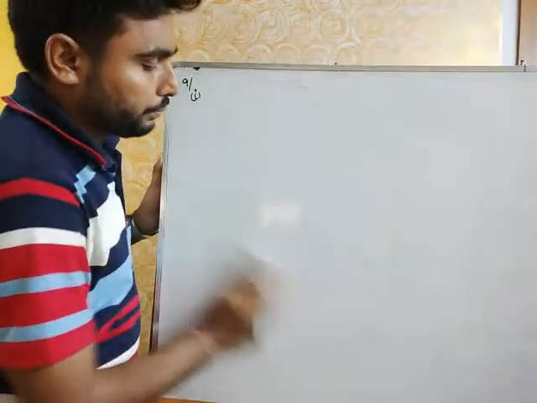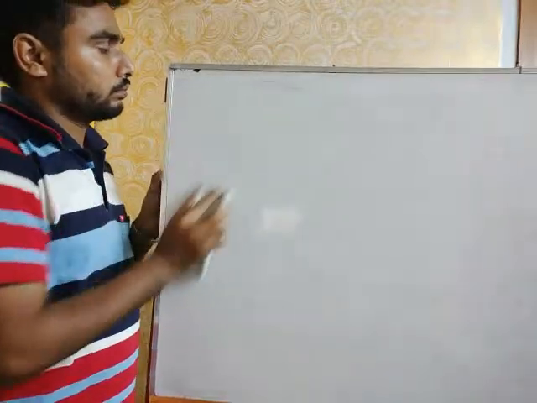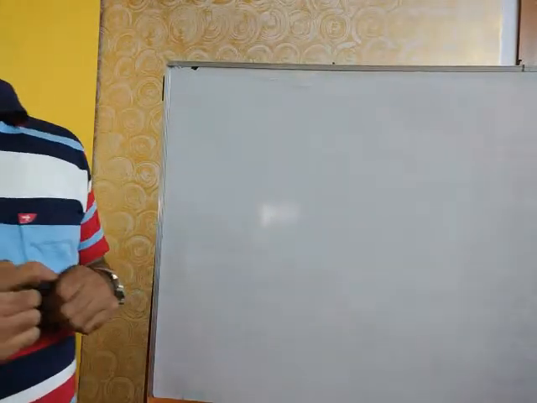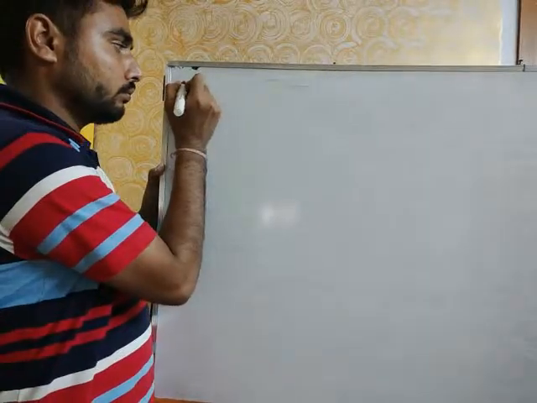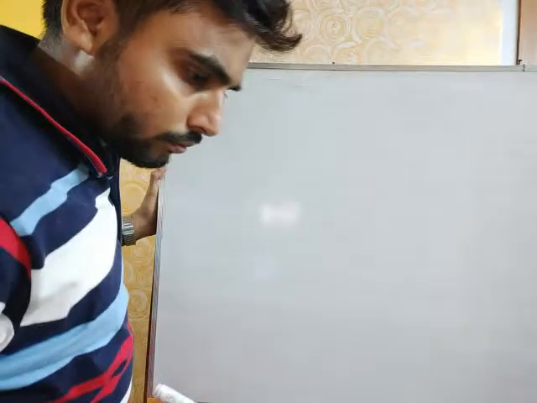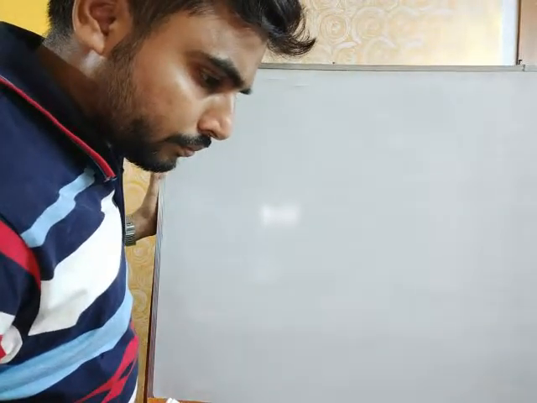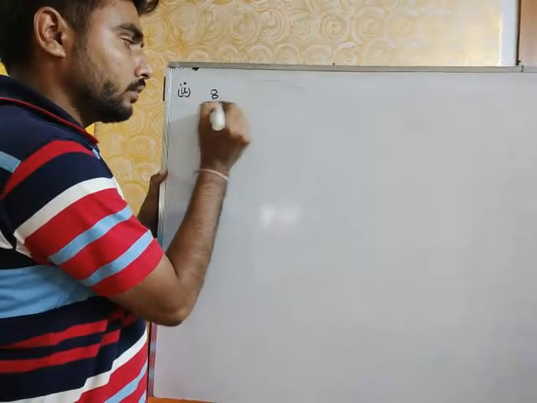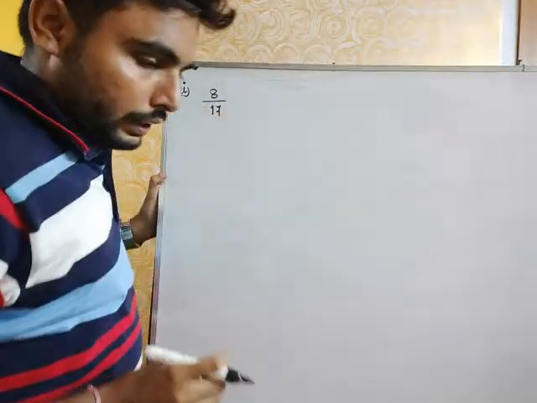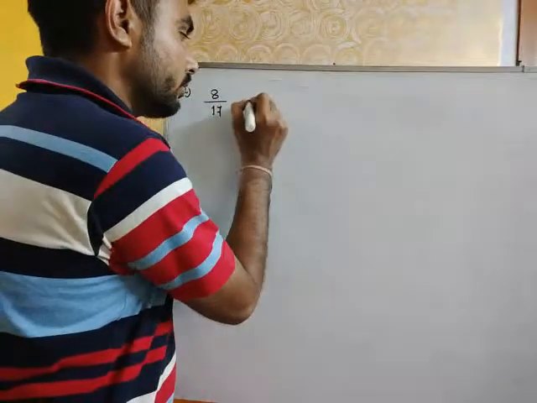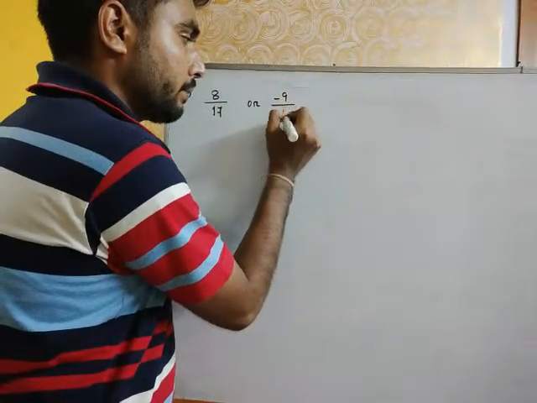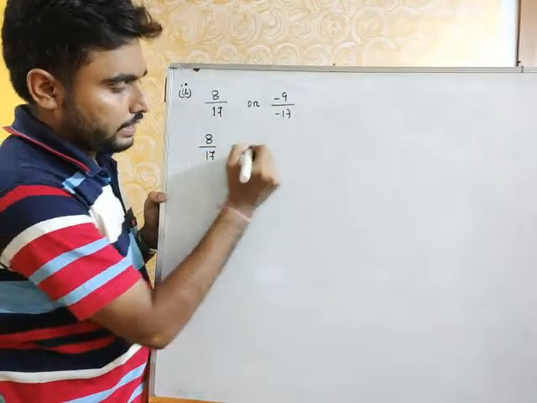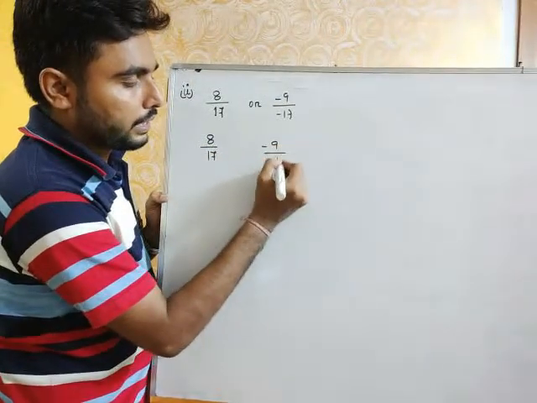Let's see number 2. 8 by 17 or minus 9 by minus 17. So it can be written as 8 by 17 and minus 9 by minus 17.